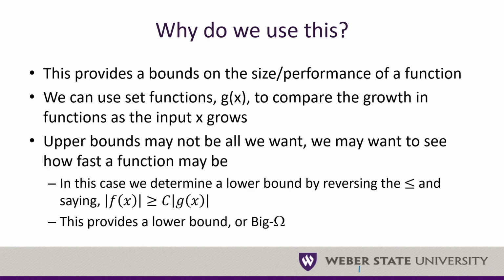And in that case, for a lower bound, we use big omega. And instead of saying that f of x is less than or equal to c times some function, we now say, well, is there some k, once again, where we can find a constant multiplied by our other function such that f of x is always bigger than that?